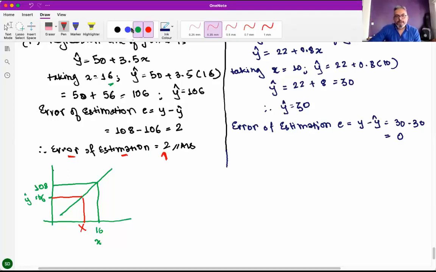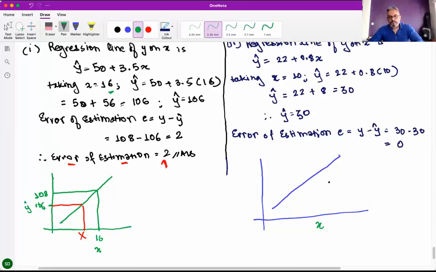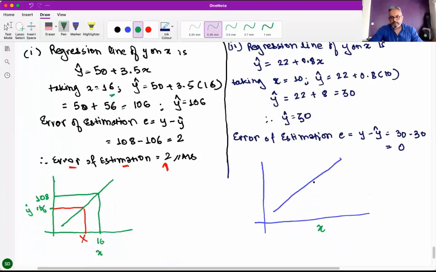So here we would say that there is an error in estimation by 2 units in y. But over here what happens? Again 0.8, so positive. Now let's say x is 10, and historically also we got y which is equal to 30. And when we estimated using this equation, at that time also we got 30.